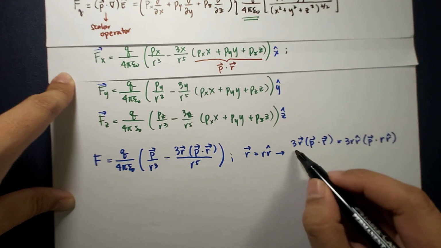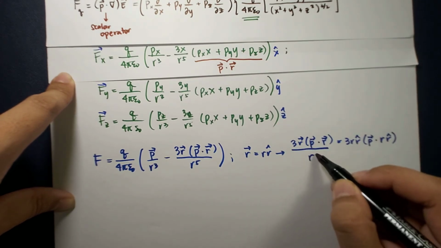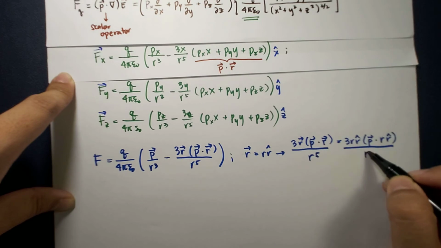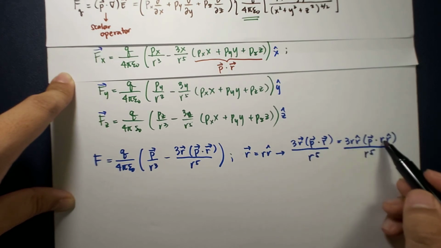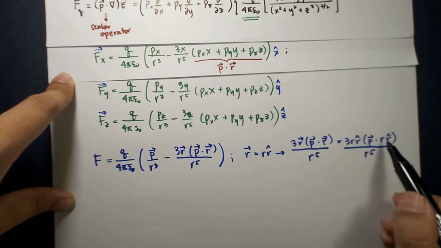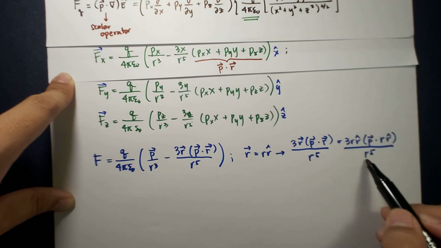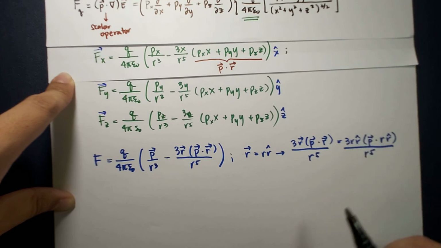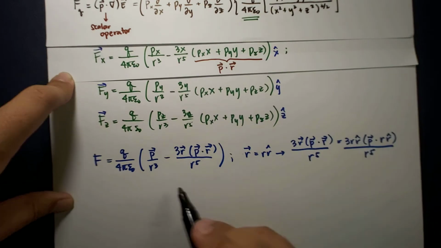So when we divide this by r to the fifth, these are scalar quantities, r squared divided by r to the fifth is 1 over r cubed, which is common here.